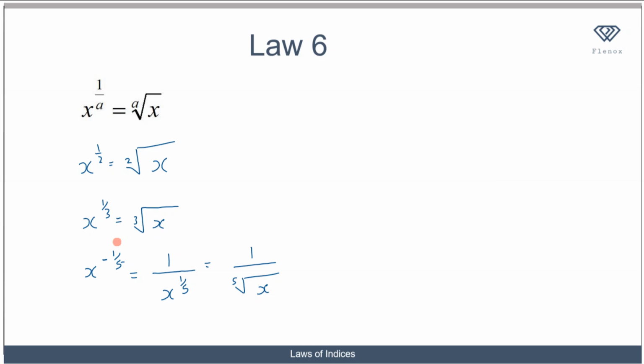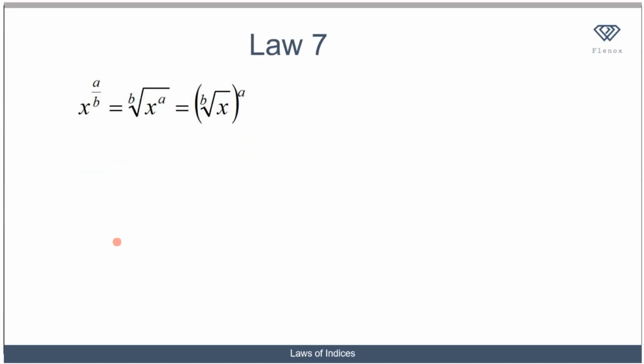So now let's move on to the last law of indices. The last law tells us that if I have x raised to the power of a over b, then it's going to be equal to the bth root of x to the power of a, or the bth root of x, all raised to the power of a. So what does it mean in essence?